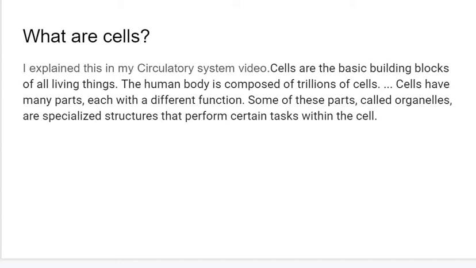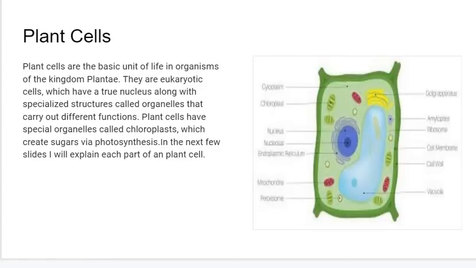Cells have many parts, each with a different function. Some of these parts, called organelles, are specialized structures that perform certain tasks within the cell. So of course I'll tell you about each and every part of a cell. And also forgive me if I mispronounce anything here.